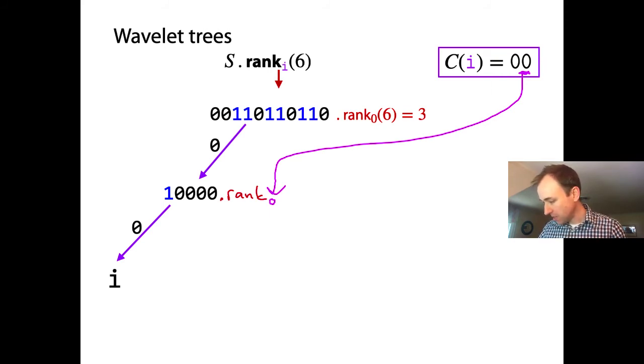And then we're going to plug in the previous rank, the rank we got in the level just above. So we're asking how many zeros come prior to offset 3, so 0, 1, 2. It's these 2 zeros. And so the rank sub 0 at 3 is just a question of counting up these 2 zeros. So the answer to that is 2.